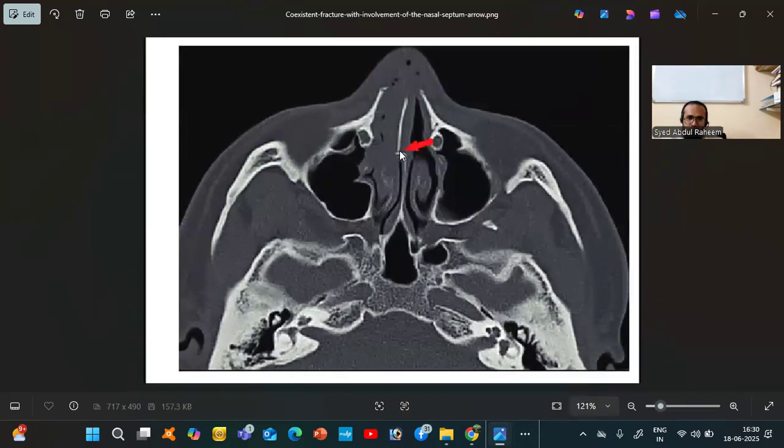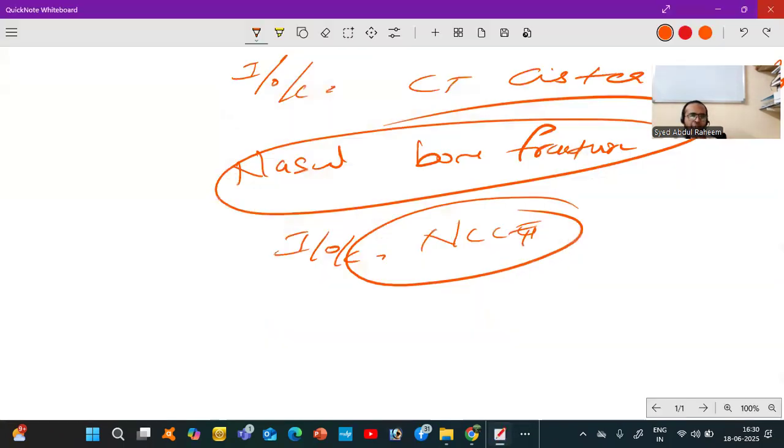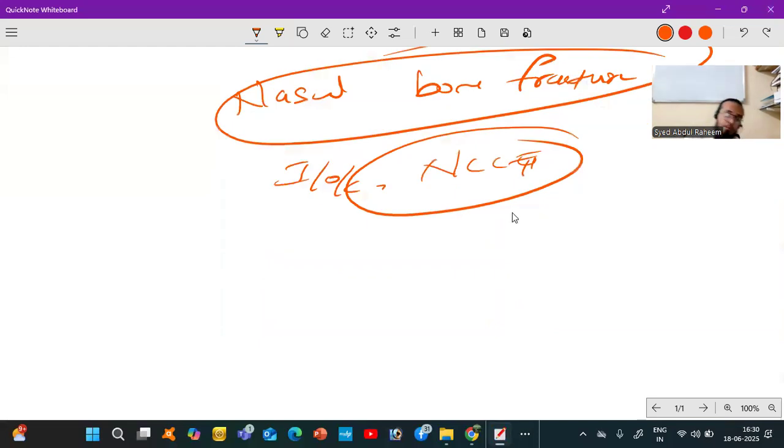This is a breakdown of the nasal bone due to injury, trauma, or anything. There are numerous reasons. So these are the PNS pathologies, paranasal sinus pathologies.